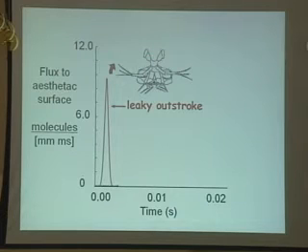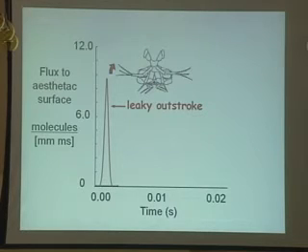This is the flux of molecules to the surface of an individual chemosensory hair plotted as a function of time during the leaky outstroke of the antennule. And what you can see is that the flux increases very quickly, reaches a very high peak, and then tapers off very quickly.